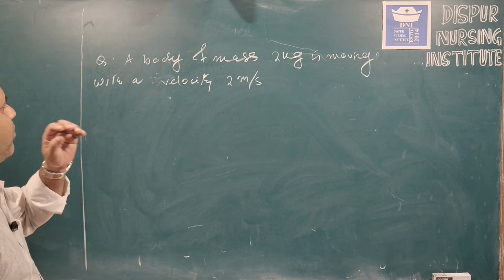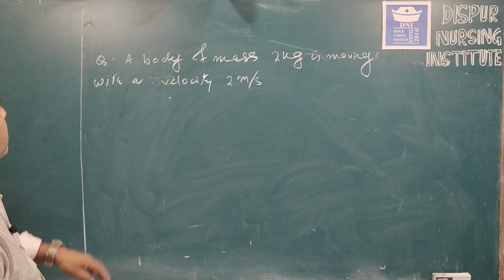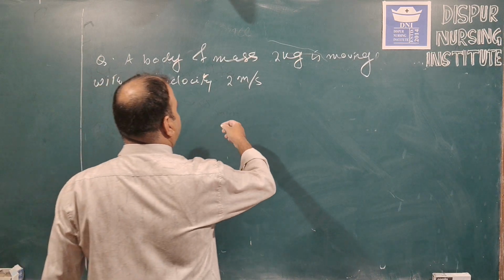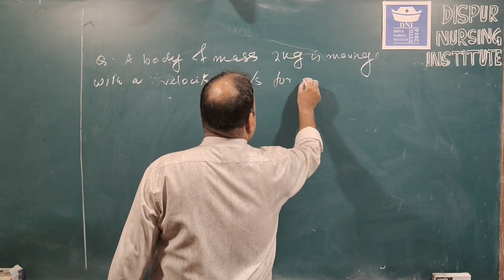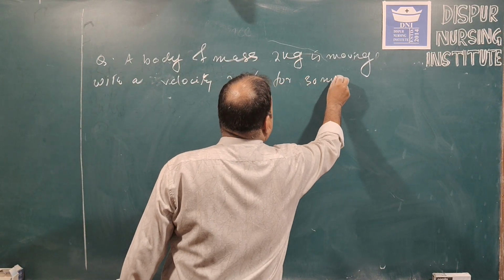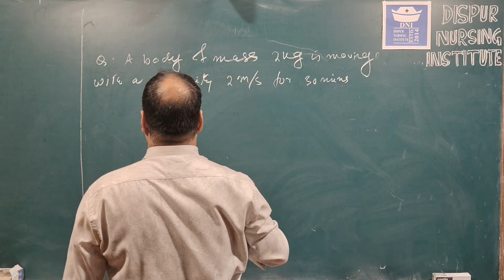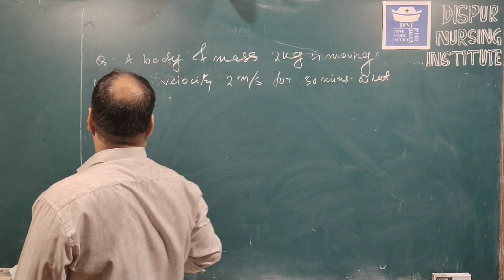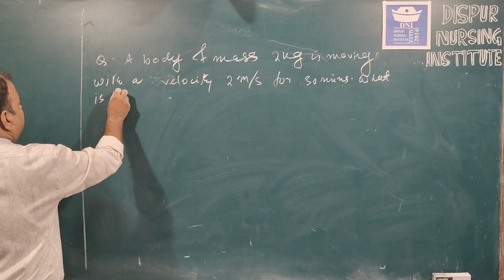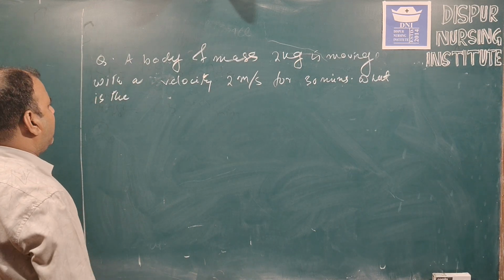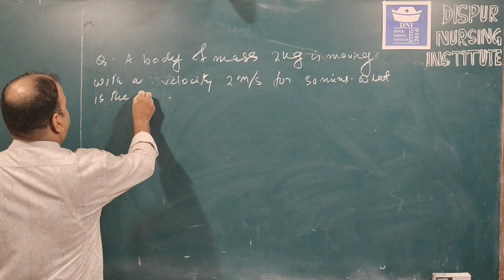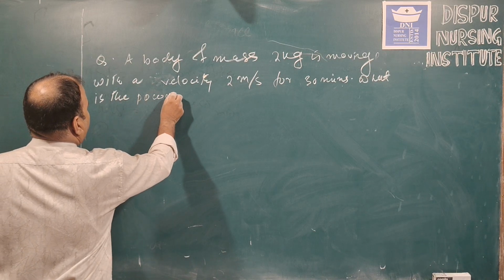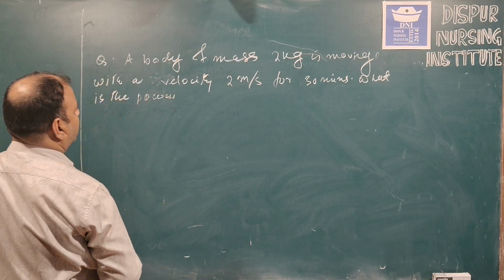That means a body of mass 2 kg is moving with a velocity 2 meter per second for 30 minutes. What is the power of the body?